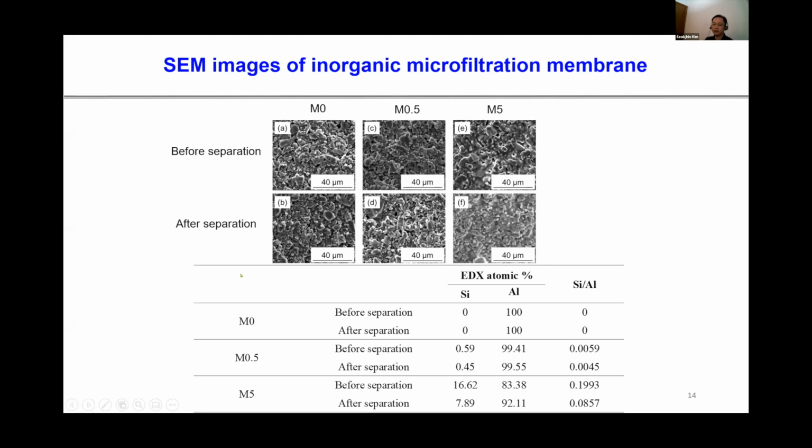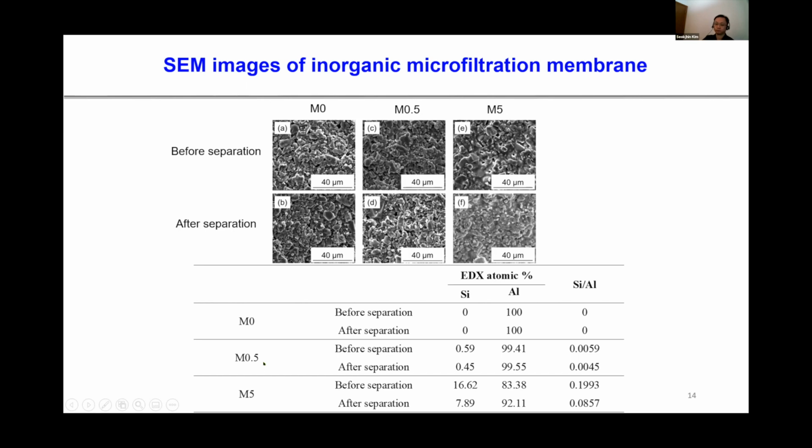Below, we have a table showing the membranes and the atomic percentage of silicon. In M0, the pristine alumina membrane, there is no silicon, as expected. The silicon was not found in the M0 membrane before and after separation.